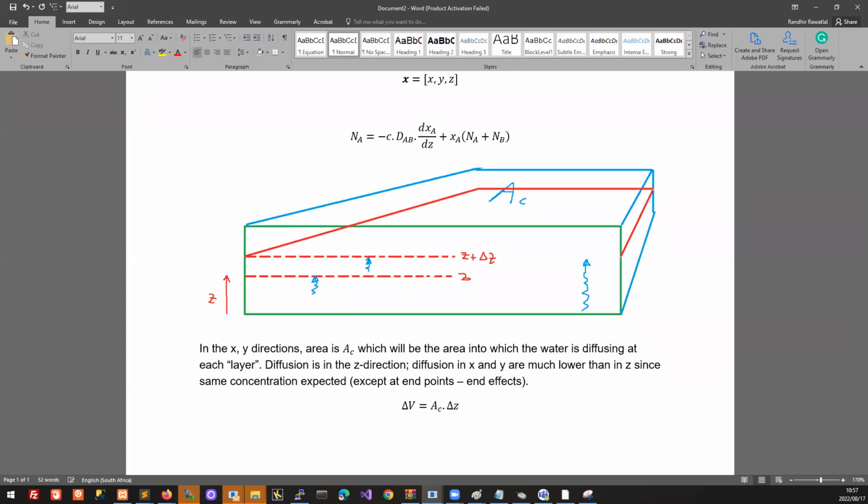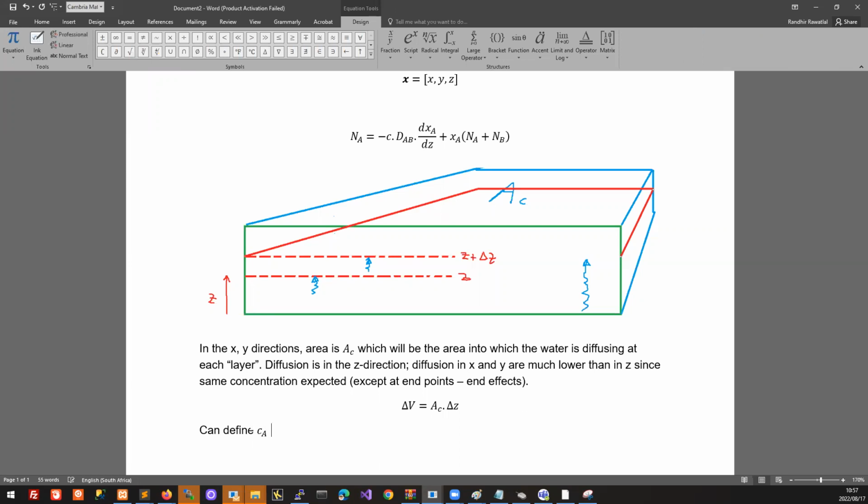We can also define CA, the concentration of water, where A is water, as it varies both in the Z direction and in T.